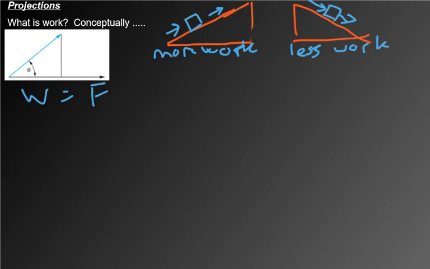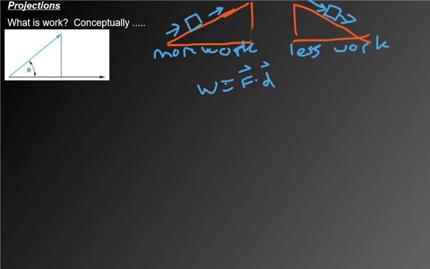If you took a physics class, you might have learned that work equals force times the distance. In vector world, it's actually the force vector dotted with the displacement vector. So we've got work equals the force vector dotted with the displacement vector.